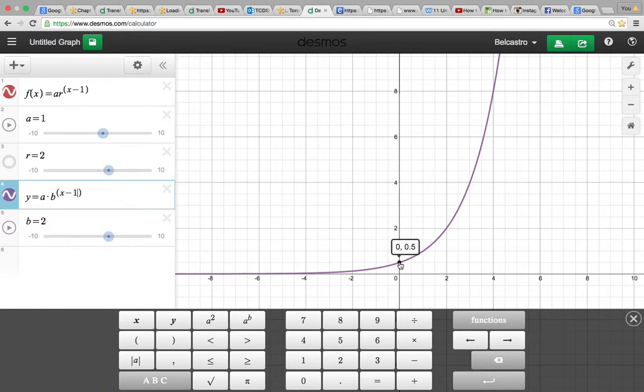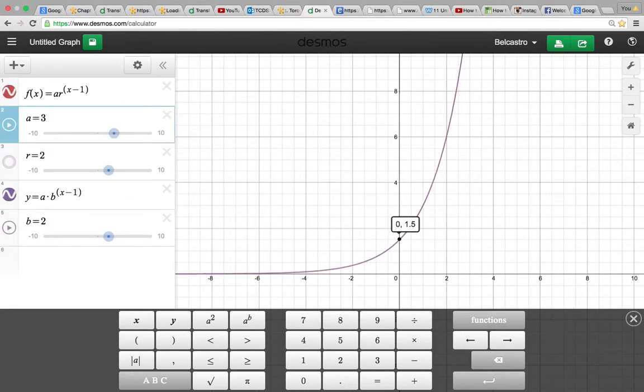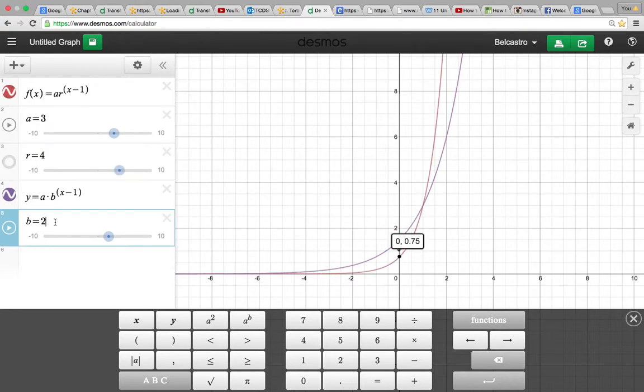Your first term, your a value, is what we started with. In our question, a was 3 and r was 4. So let's change these to those same values. They're overlapping, doing the same thing. But you see, our y-intercept isn't the value of 4 in this case.